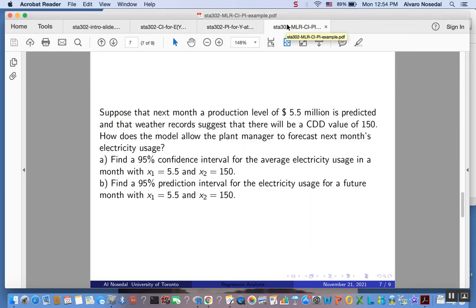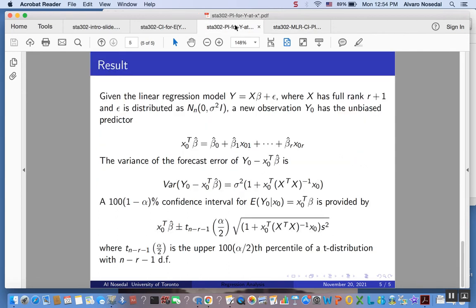And in this case, we want the same confidence level for the prediction interval, right? Okay, so the only thing that we have to change is the standard error. We have an additional s squared inside the standard error of the prediction interval.